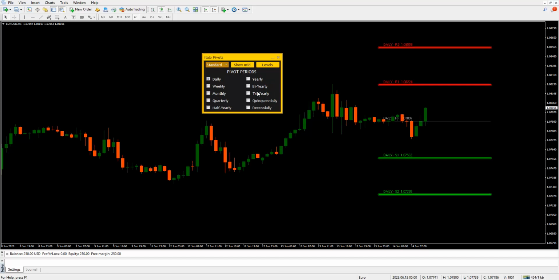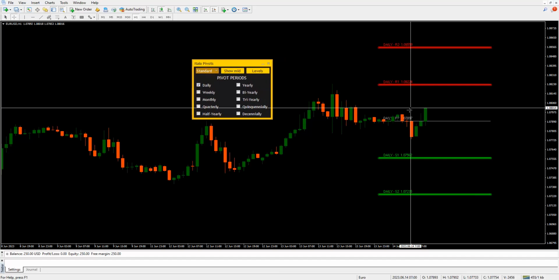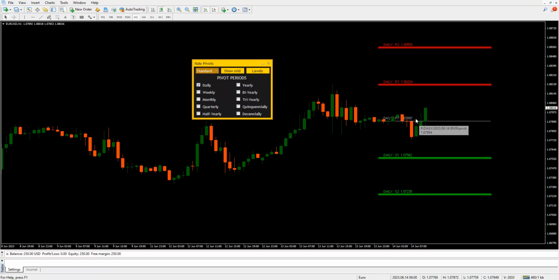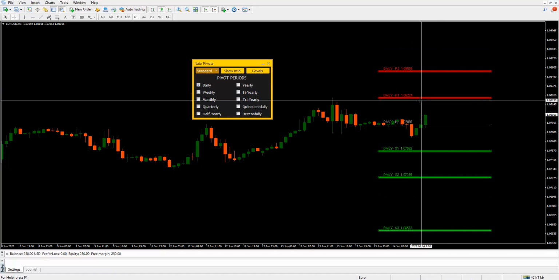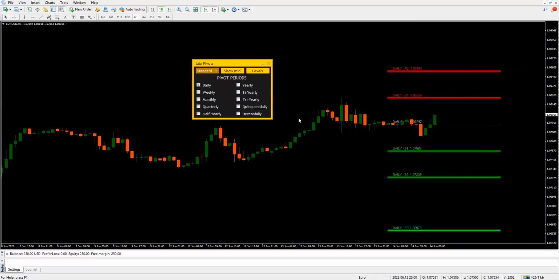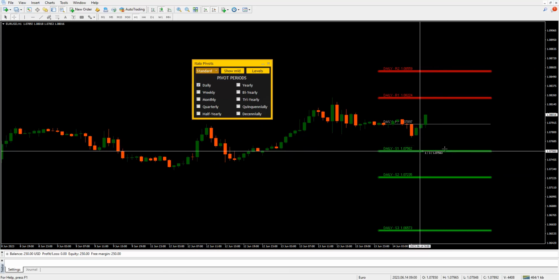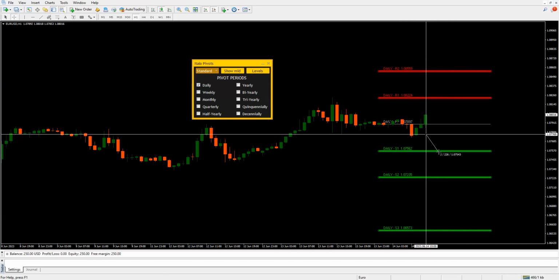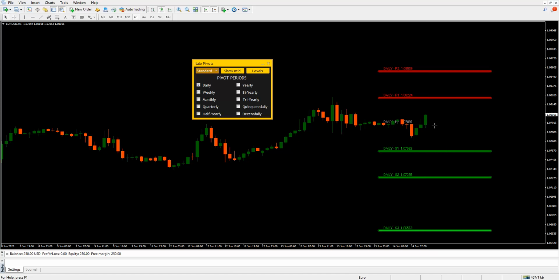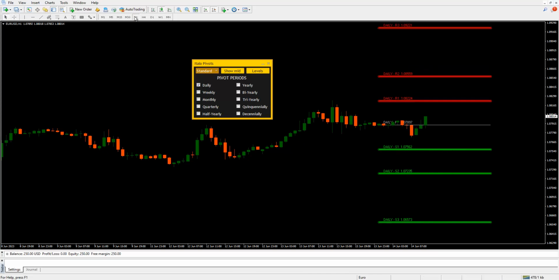With this pivot point, you have amazing support and resistance lines. So the red lines, they are resistance lines. The green ones, horizontal ones, they are support lines. And the amazing thing is, here we are in the H1 time frame.